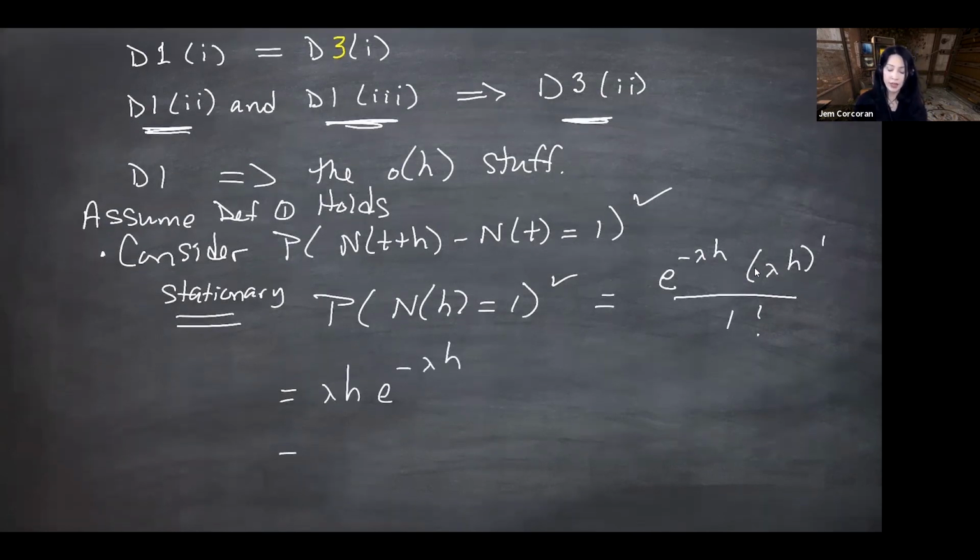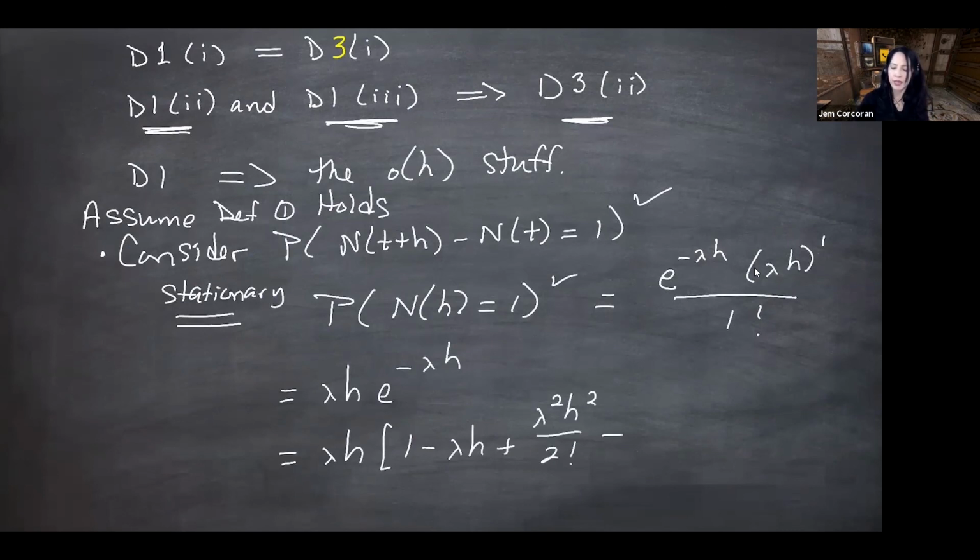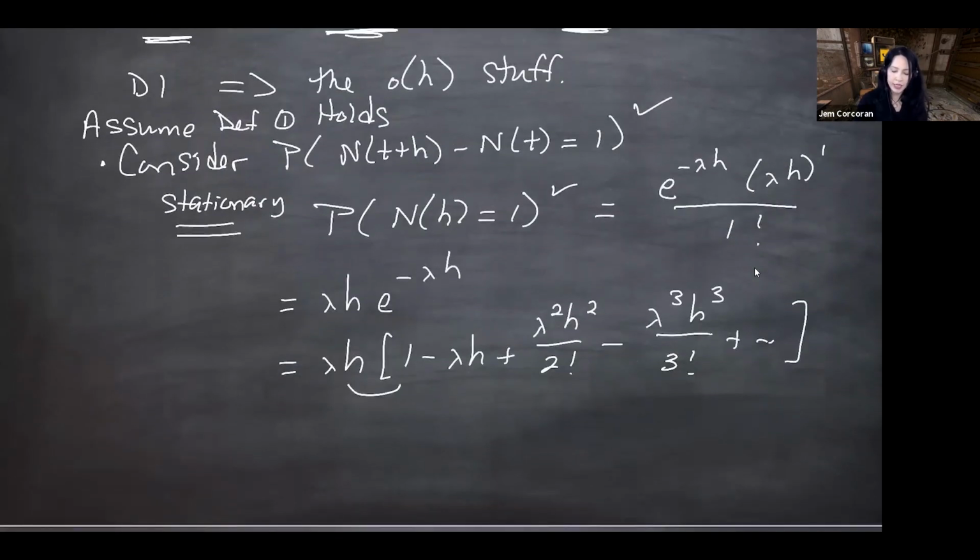And if you write out the Taylor series expression here, you get 1 minus lambda h plus lambda squared h squared over 2 factorial minus, and eventually I'm going to stop writing these tails, because that's the whole point of having this little o notation to talk about a tail of a sum. When you multiply this out, you get lambda h minus lambda squared h squared, and that's little o of h.